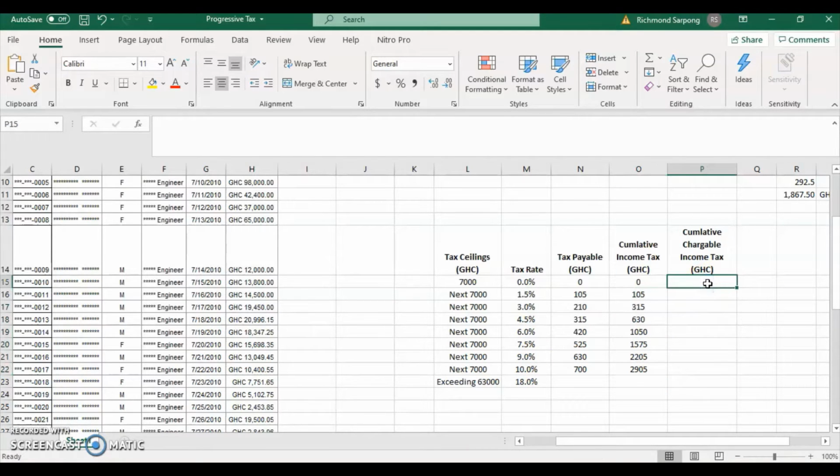are made. So I'll do the cumulative. So this will be 7,000.